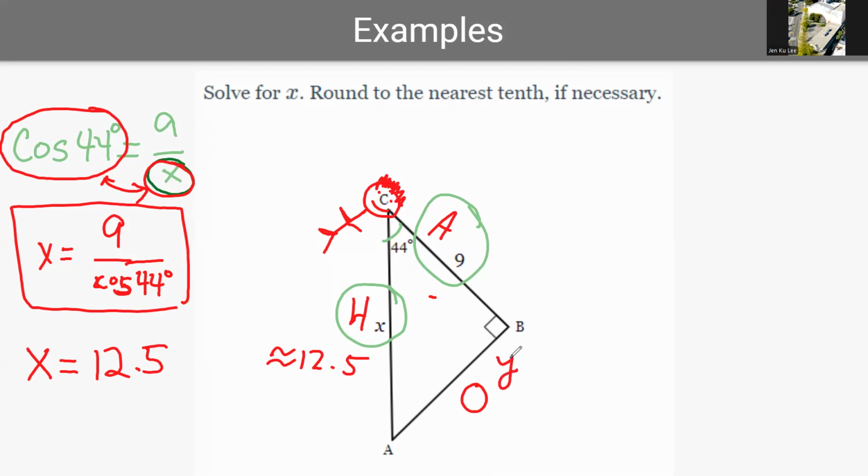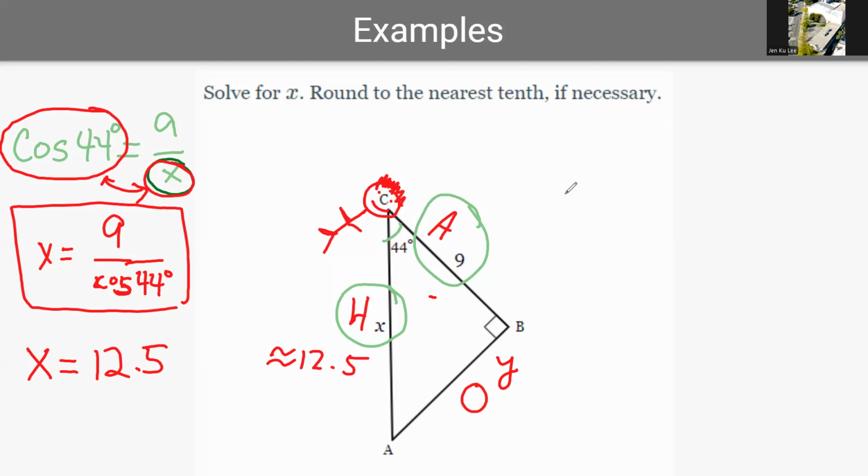And then my opposite side, if there were to be a variable here, let's say it's y, right? And I've got to figure out what y is. You can do one of two things. You can use the Pythagorean theorem, a squared plus b squared equals c squared, to figure out what y squared is.